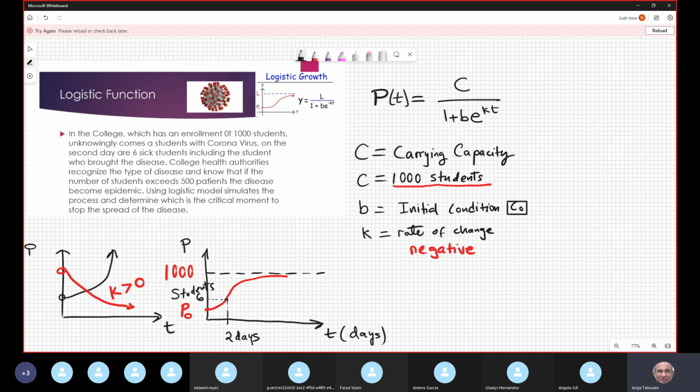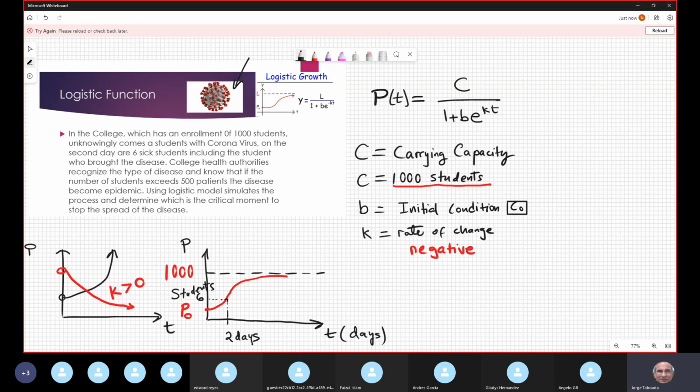The college health authorities recognize the type of the disease. Oh, a coronavirus. Okay. And know that if the number of students exceeds 500 patients, the disease becomes an epidemic. I want to avoid an epidemic, so I need to vaccinate, treat everyone, and isolate the students who are infected.